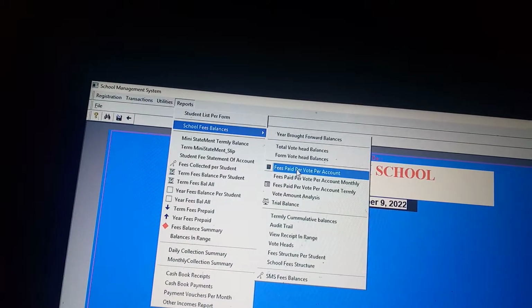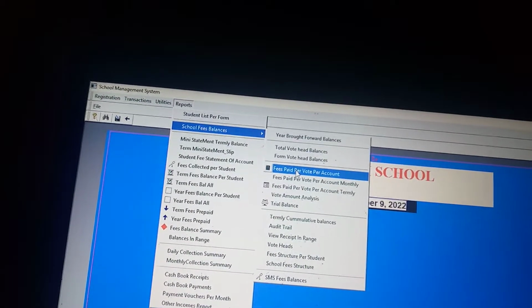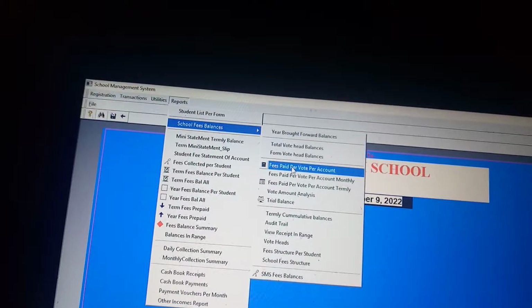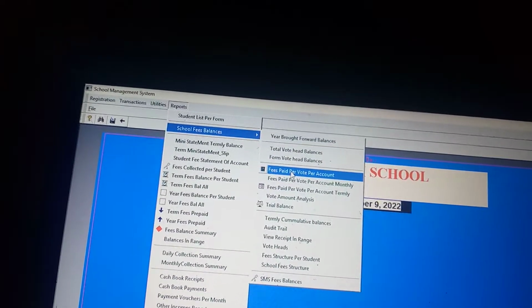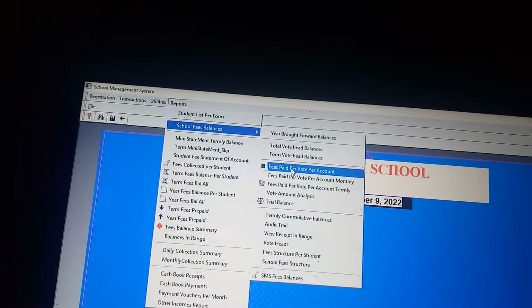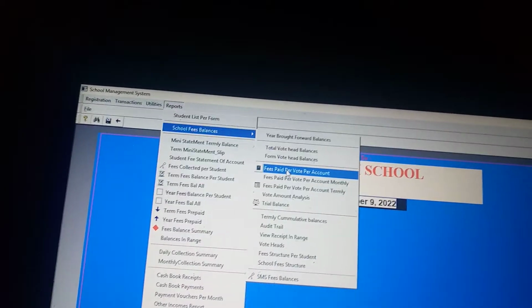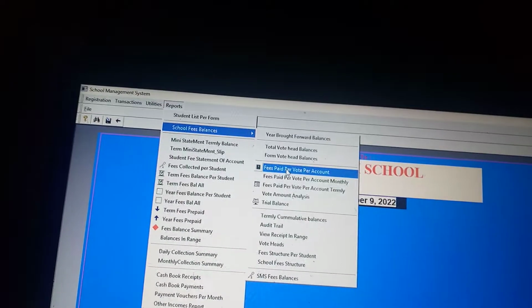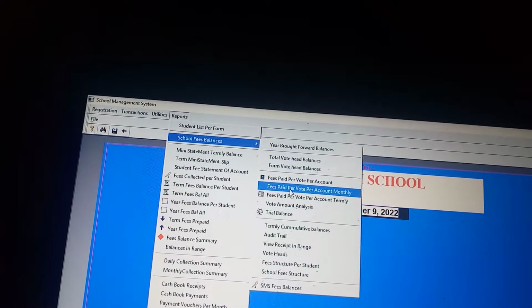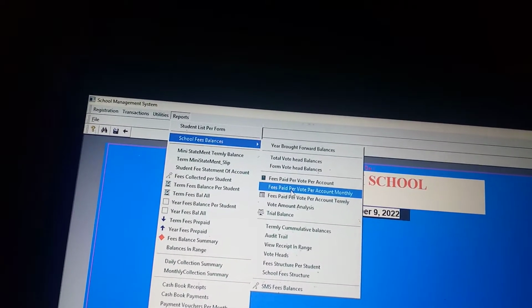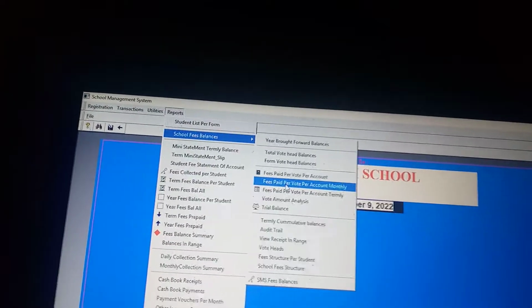You can actually see fees paid per vote per account. For example, how much do we have in the boarding account? How much do we have in lunch, for example, or BES or PE? You are able to see how much you have collected for a certain vote. You can also see fees prepaid per vote per account monthly.